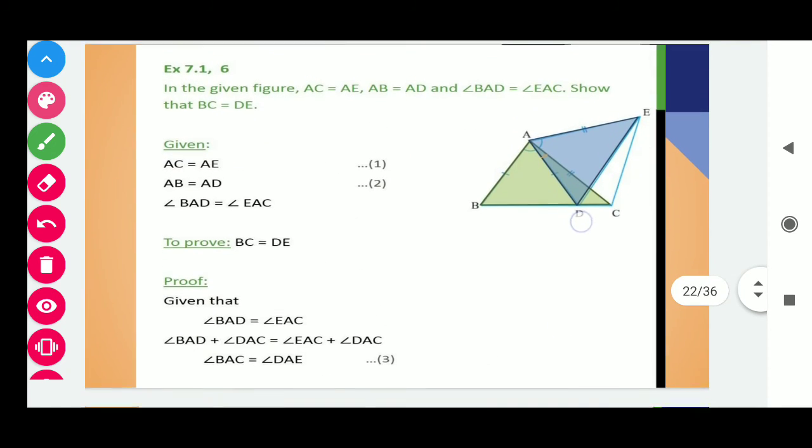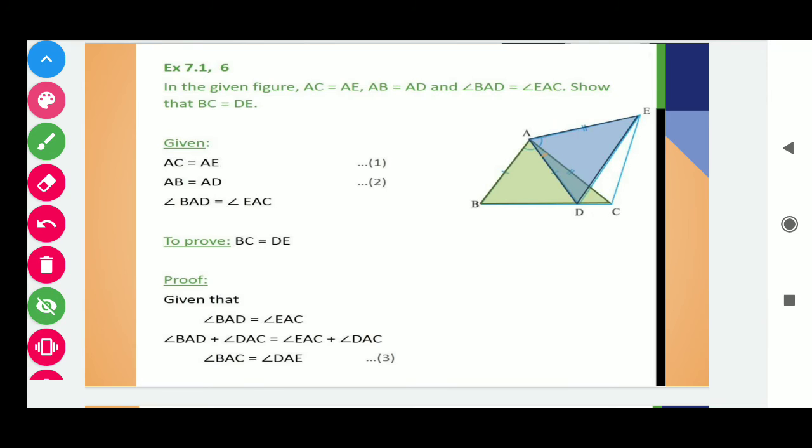Next, here we have question number 6. In the given figure, AC is equal to AE and AB is equal to AD, and angle BAD is equal to angle EAC. Show that BC is equal to DE.